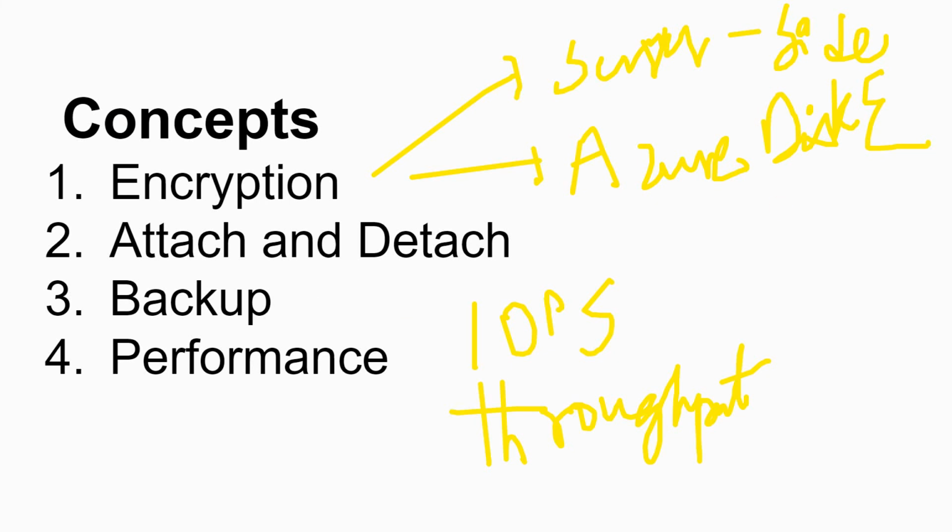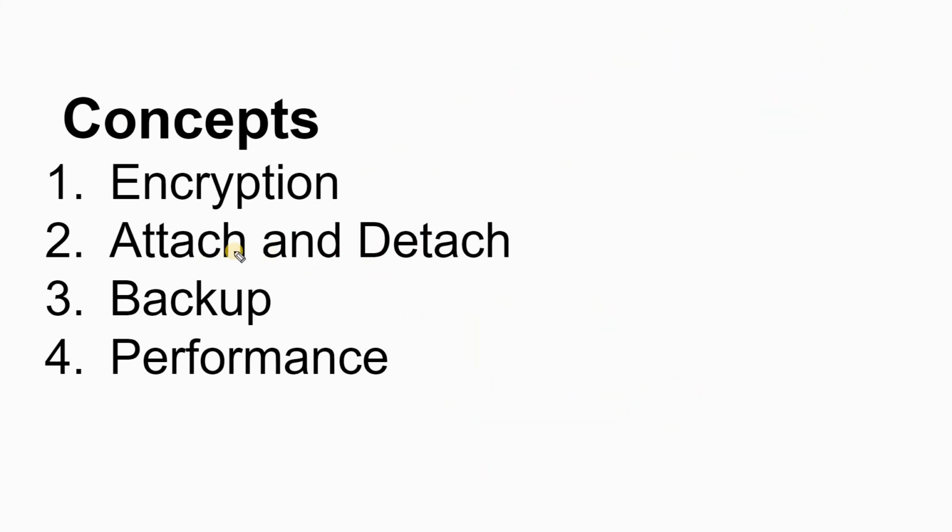In terms of Azure Disk, the major concepts you have to focus on are attach and detach equally. How do we attach a disk to a Linux machine? How do we attach a disk to a Windows machine? Just because you attached this disk from the Azure portal or from PowerShell doesn't mean that you can store the data. For Linux machines, you have to mount the data.